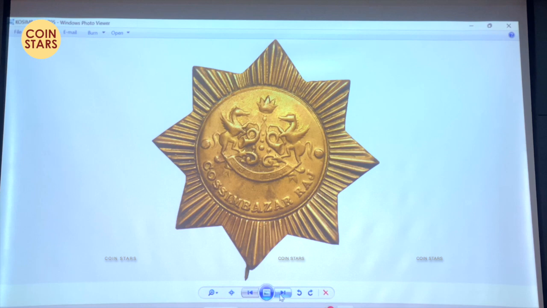This is Qasim Bazaar in West Bengal. Qasim Bazaar. These are two horses with the wings holding the shield. It's a kind of musical instrument here.